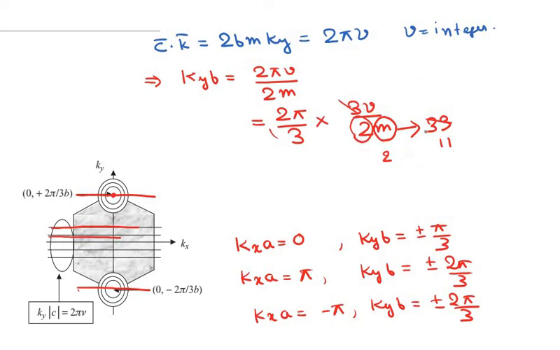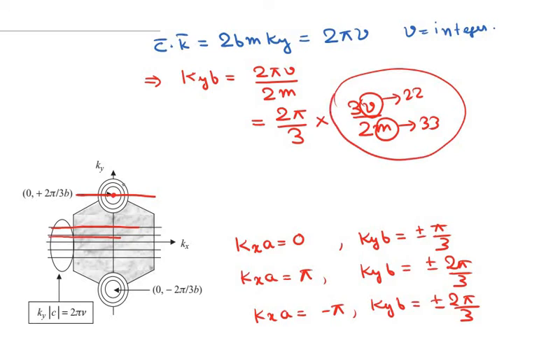I repeat, if m is equal to 33, then for v equal to 22 this entire product becomes 1, and one of the subbands passes through this k point over here for which there is no band gap, and this k point over here for which there is no band gap. Similarly, we can have other conditions for which one of the subbands passes through these k points.